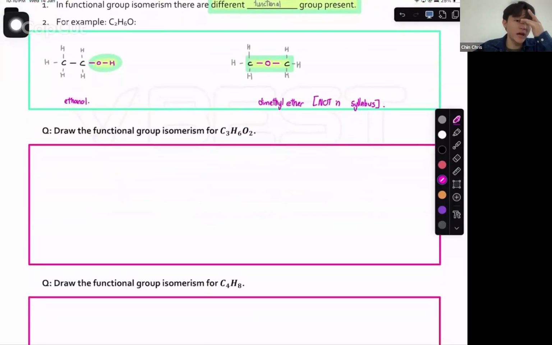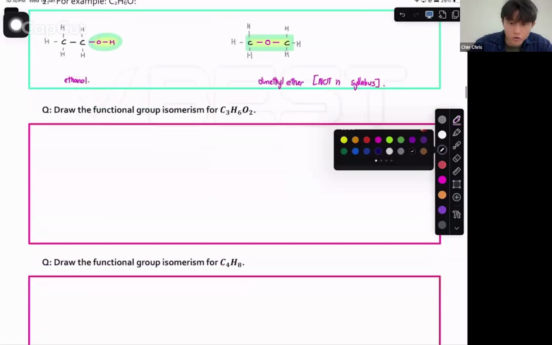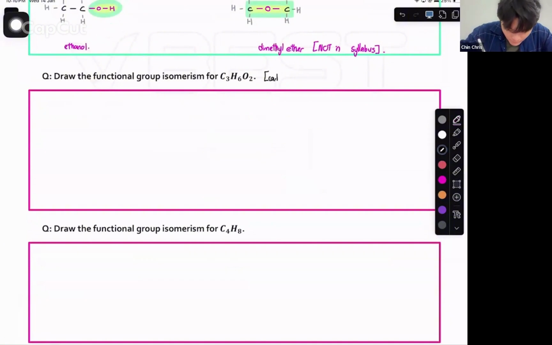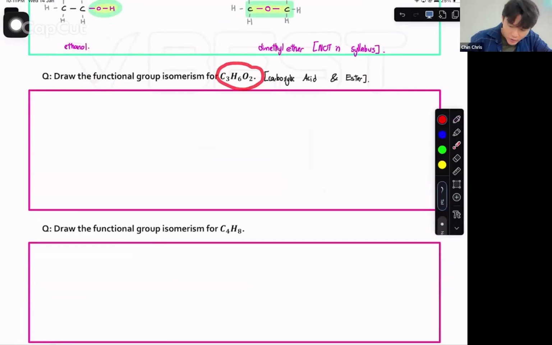All right, guys, next. What we have is functional group isomerism for carboxylic acid and ester. So a carboxylic acid and ester can also form functional group isomerism. Looking at carboxylic acid, I'm going to draw a carboxylic acid with 3 carbon. So 1, 2, 3. And the carboxylic acid functional group is a double bond O, OH. The remaining part, I can just put H's.